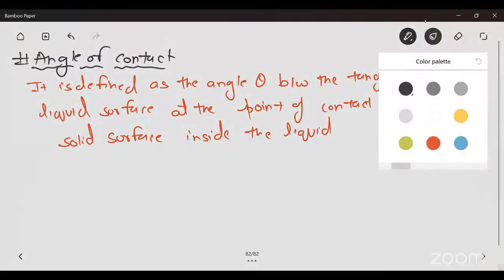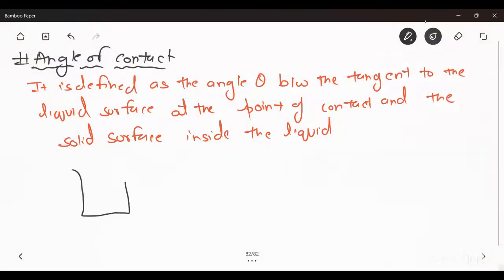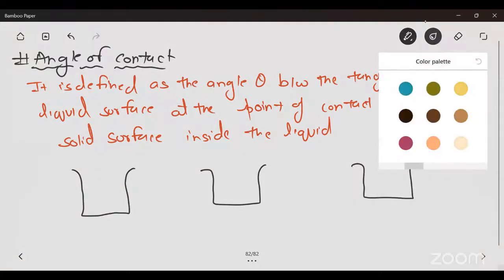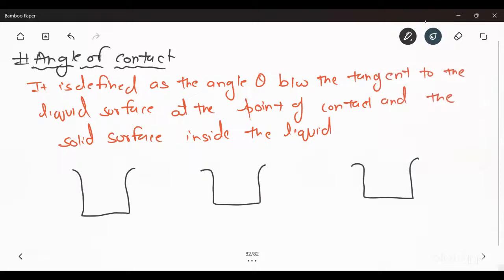Now consider the three jars. The liquid can be raised in three surfaces. First is your concave surface, second is your convex surface, third is your plane surface.